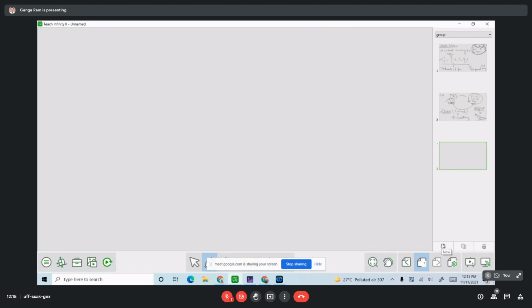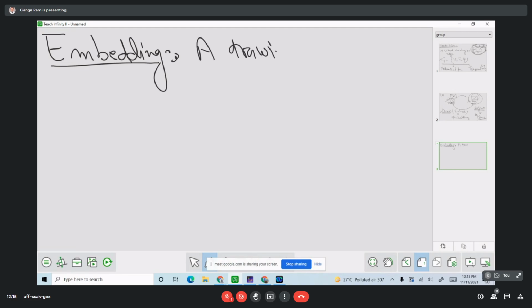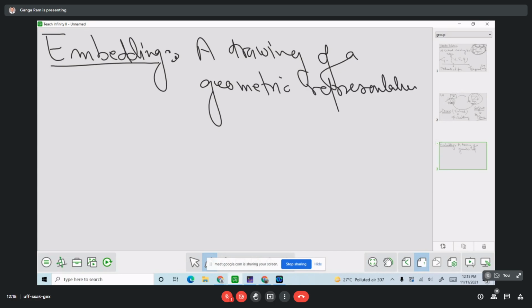definition. First one, I think it is clear. Embedding. First of all, I am writing embedding. Embedding means a drawing of a geometrical representation of a graph on any surface.